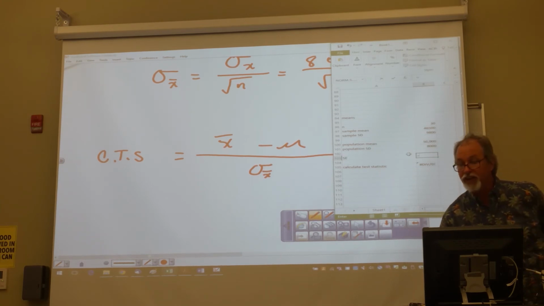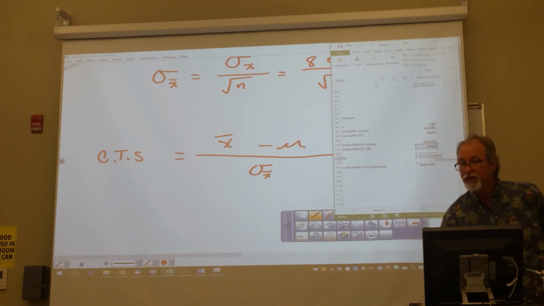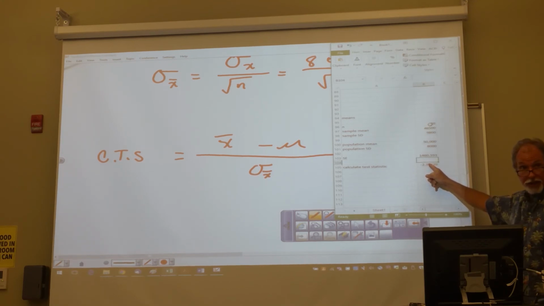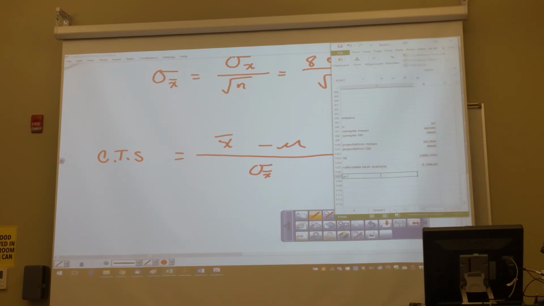The standard deviation of the population divided by the square root of n. So there's my standard error, and now I have a calculated test statistic, which means I can get a p-value.